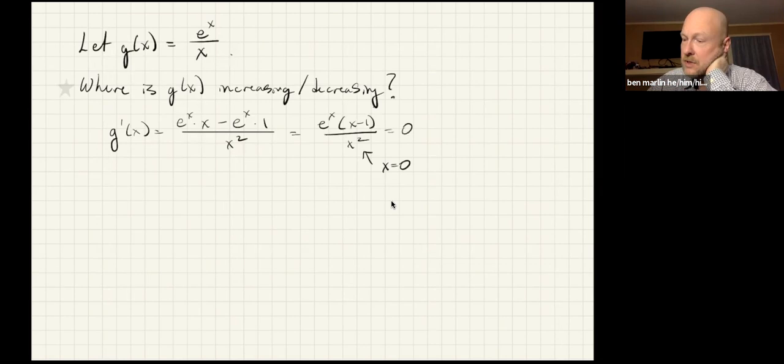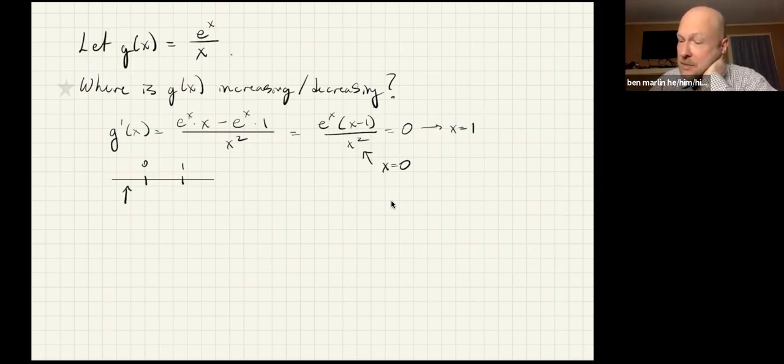If you set this equal to 0 and solve, only numerators can make things equal to 0, and e to the x can never be 0, so we get x equals 1. So I'm going to have my division points be at 0 and 1. Notice I put them in order. If I'd gotten -1 and 0, I'd put -1 to the left, right? -1 to the left, correct.